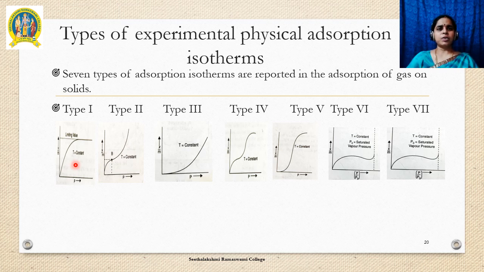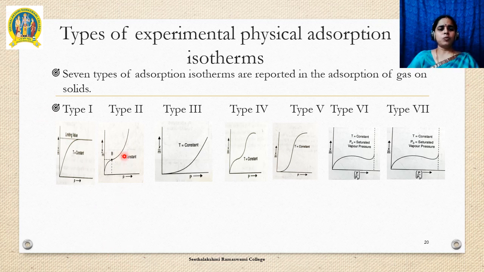The figure shows that a saturation point is reached, which means that after a certain value of pressure, there is no change in adsorption, even if the pressure is increased. Example of this type is adsorption of nitrogen on charcoal at minus 195 degree Celsius.